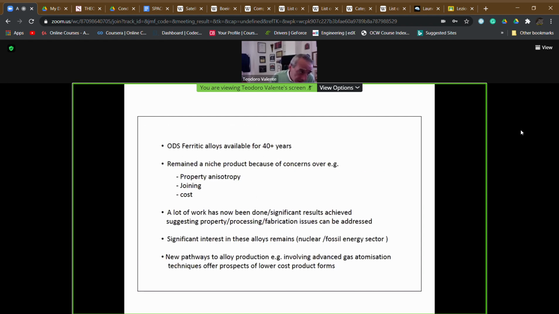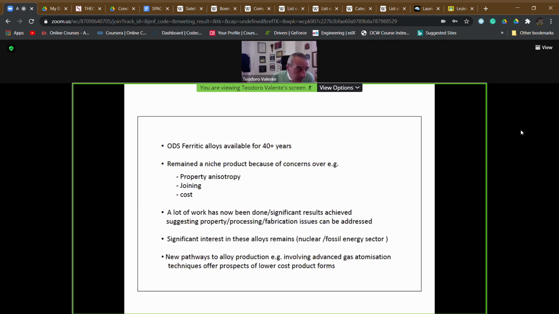Some problems still remain which limit the overall application of this kind of materials, apart from the field of blades that we already have discussed, related to difficulty in joining.